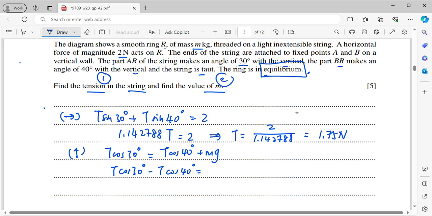The g is replaced by 10, therefore 10m. Then from here I would say my m is basically 1.75 cos 30 degrees minus 1.75 cos 40 degrees, then over 10.